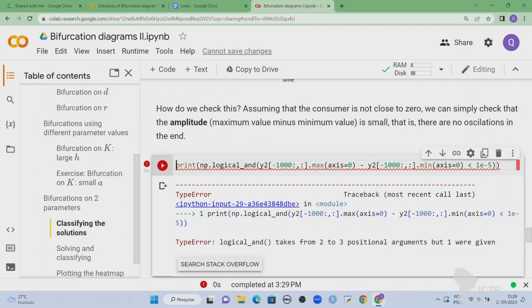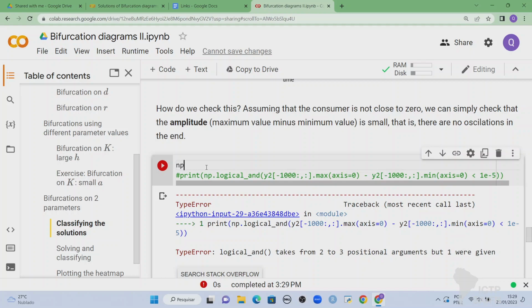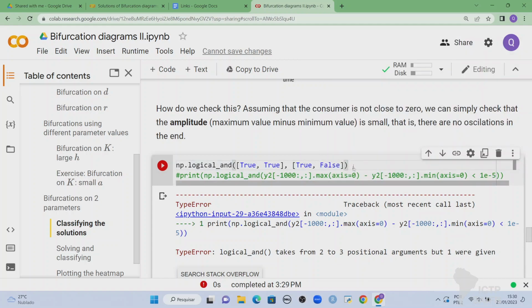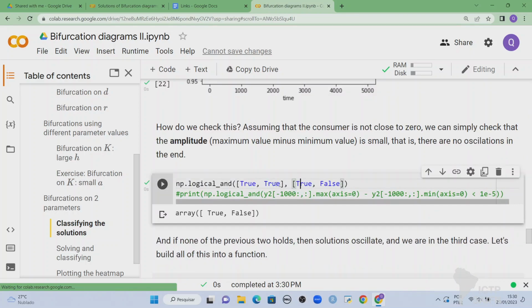Let me comment this and tell you the difference between these two functions. Logical AND takes two values and compares them. It takes two vectors and returns a vector: true with true gives true, and true with false gives false.